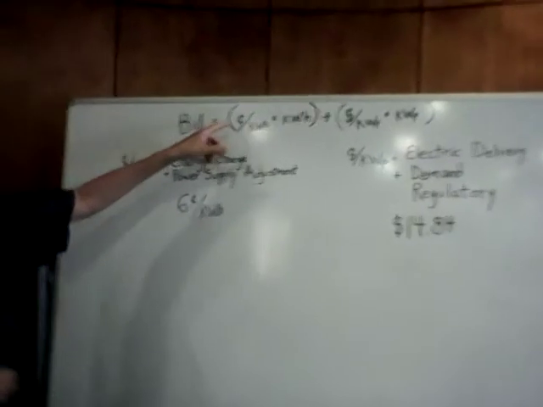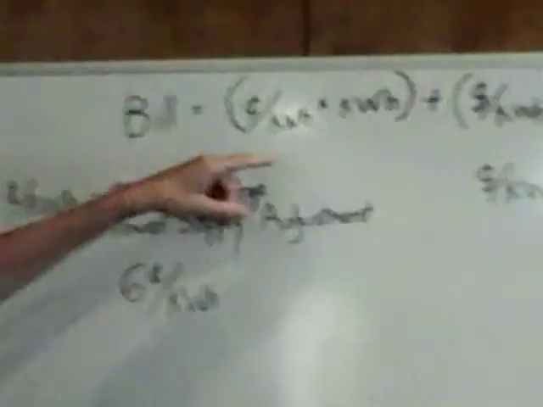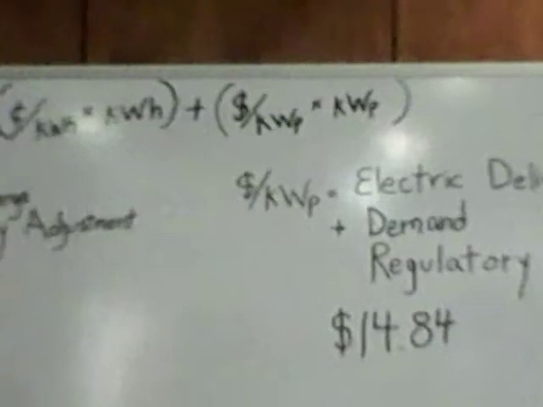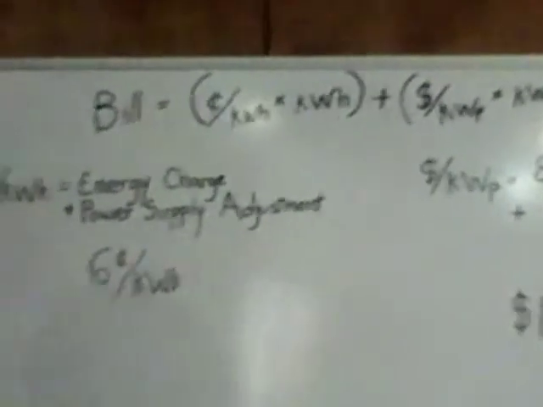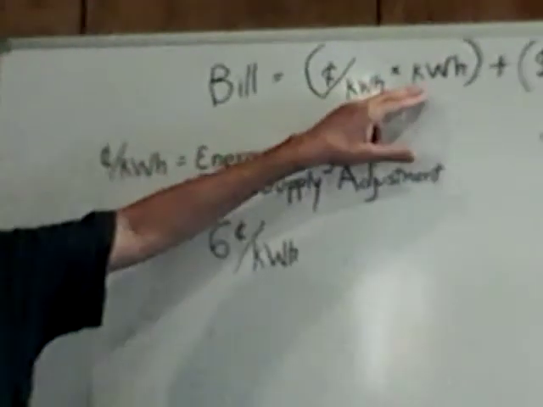One is the product of a price expressed in cents per kWh. kWh stands for kilowatt hours, and that's the way we measure the quantity of electricity consumed. That cents per kilowatt hour is multiplied times the kilowatt hours that your electric meter shows you've used for the month.